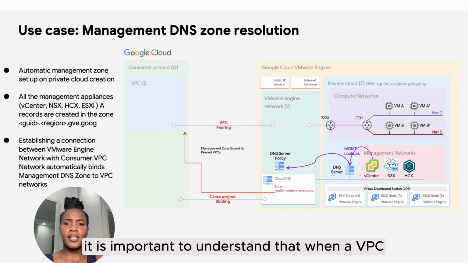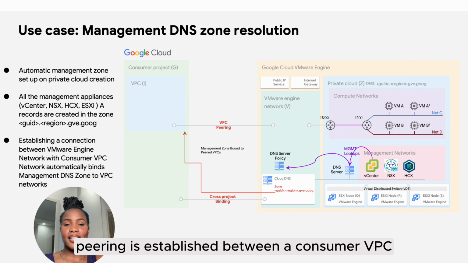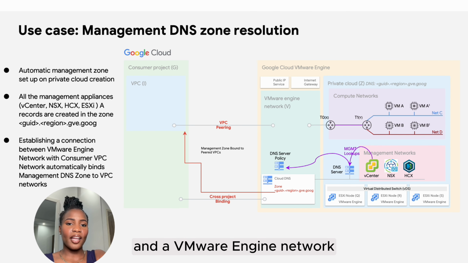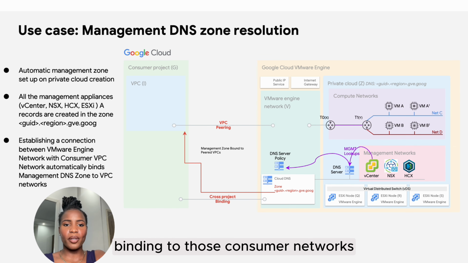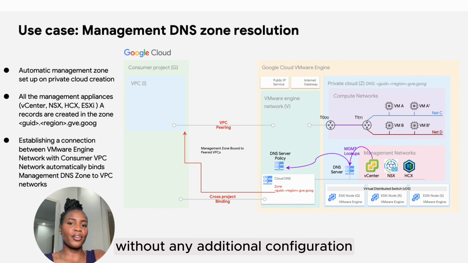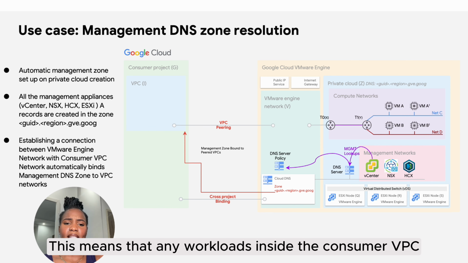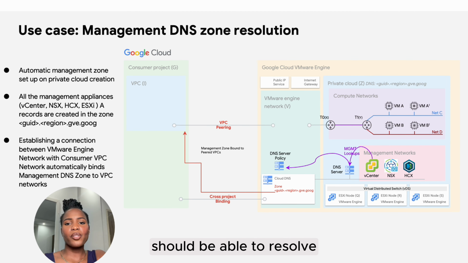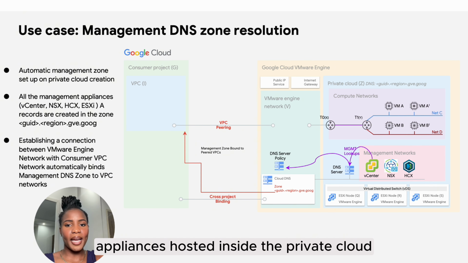It is important to understand that when a VPC peering is established between a consumer VPC and a VMware Engine network, a DNS cross-zone project binding to those consumer networks establishes automatically without any additional configuration. This means that any workloads inside the consumer VPC should be able to resolve all the management appliances hosted inside the private cloud.